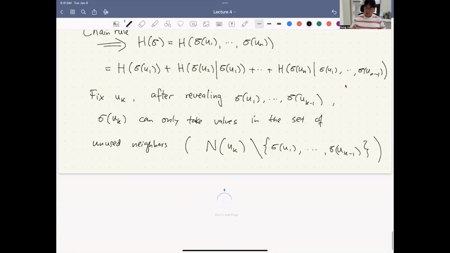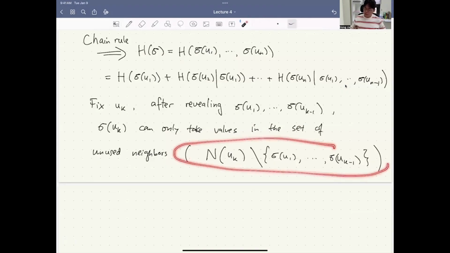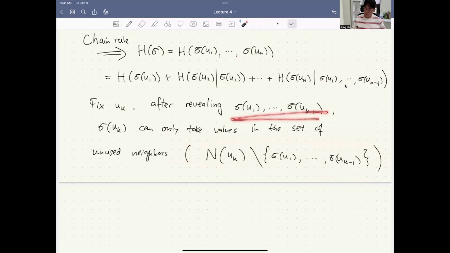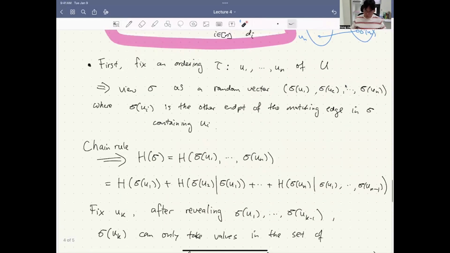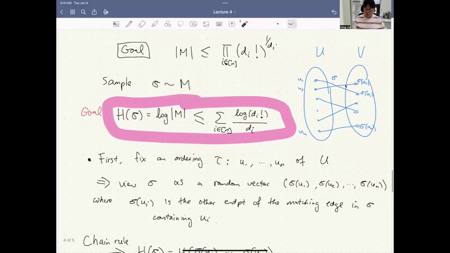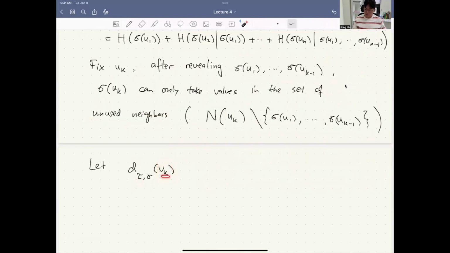Let's define a parameter that equals the size of this set, the set of unused neighbors after revealing this, D tau sigma of VK. So what does this mean? We first fix tau, the ordering of U. After fixing tau, we know how V1 to Vn look, so Vk is now meaningful. In this case, sigma is random.